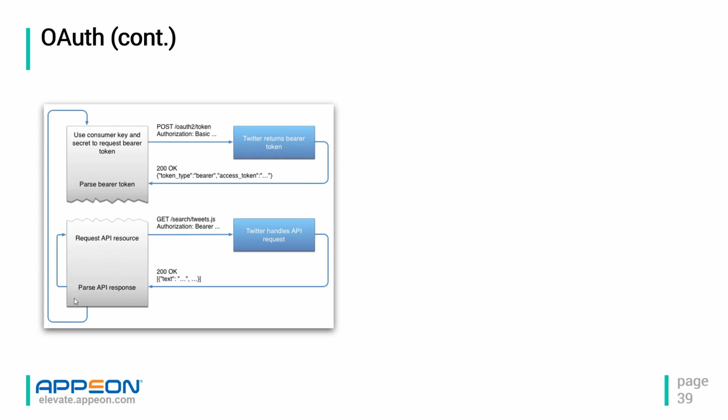And Twitter actually doesn't expire tokens. Once you get a token from Twitter, you can use it forever. But in any event, you do a resource request, and you pass in that token that you were sent as one of the headers in your request. And then Twitter sends you back data, and then you just keep looping through here as often as you need to.